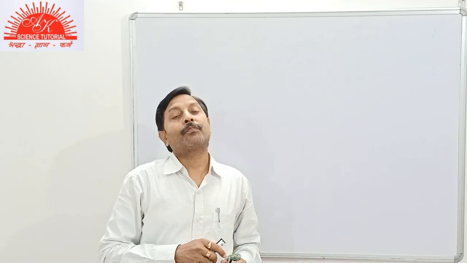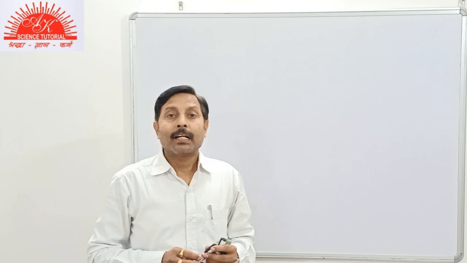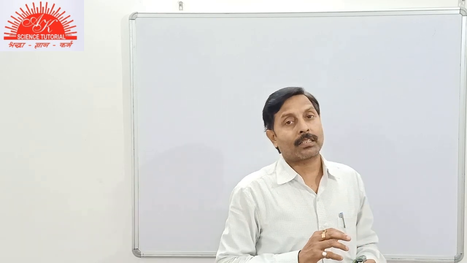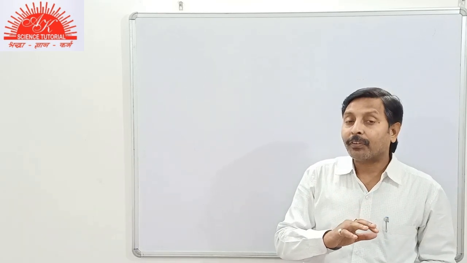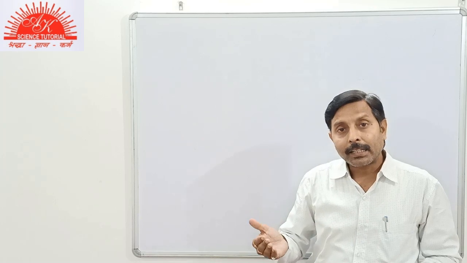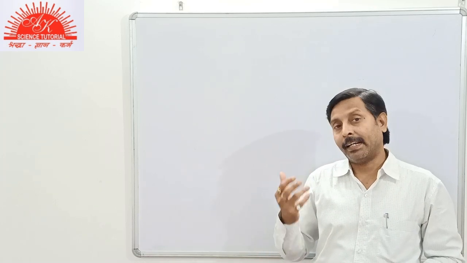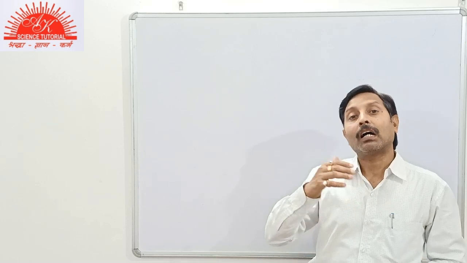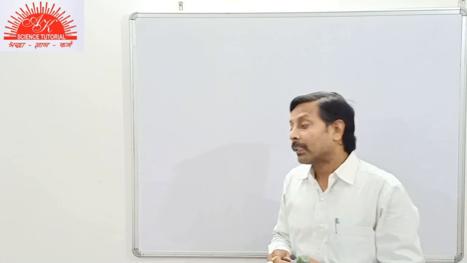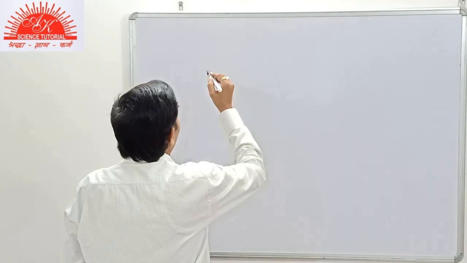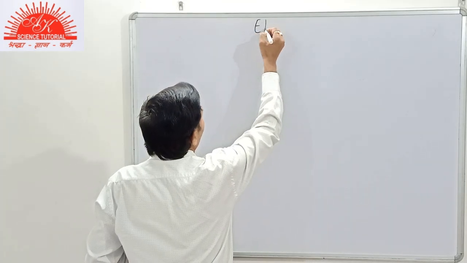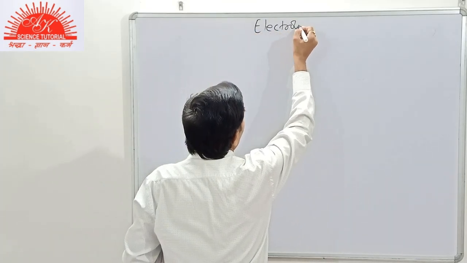So, first of all, we will study the factors which affect preferential discharging, which govern the discharging of an ion in preference to the other ion. The chapter is electrolysis.